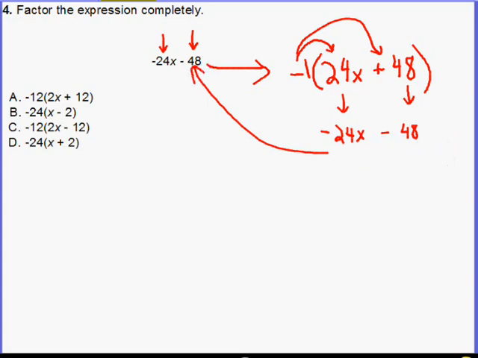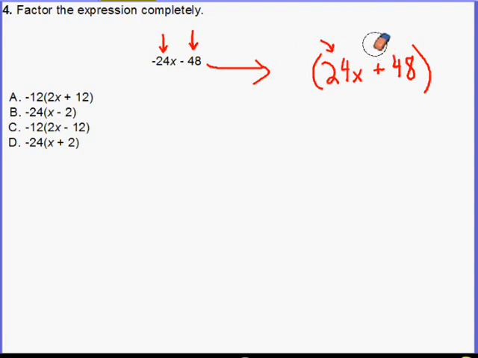Alright? Negative 24x minus 48. So when you're factoring, you're not actually changing the value of it. You're just trying to write it in a different way. Alright, so I'm going to get rid of all this. Get it back to the way I had it. I factored out a negative.